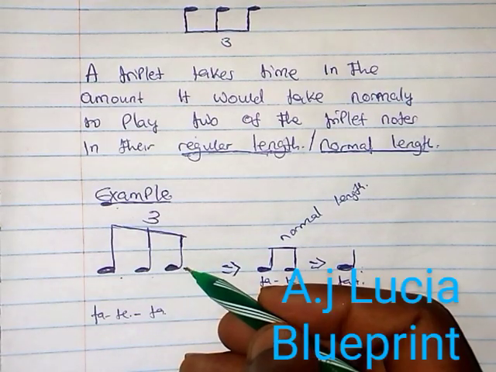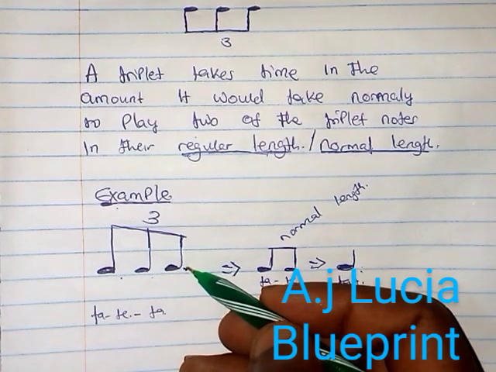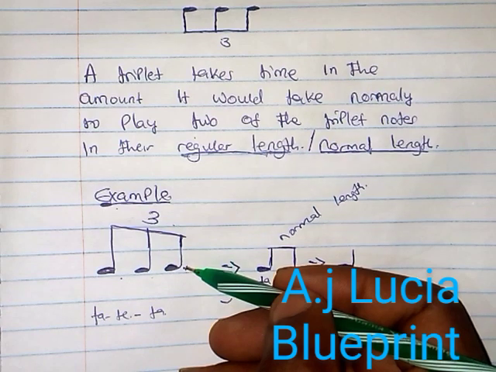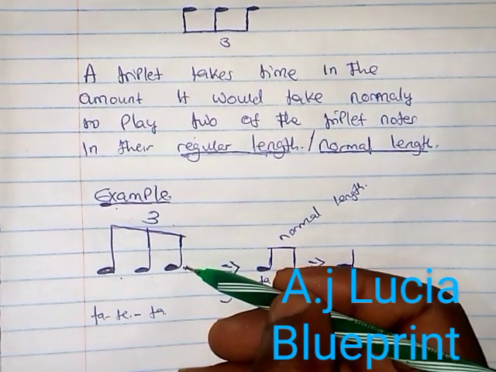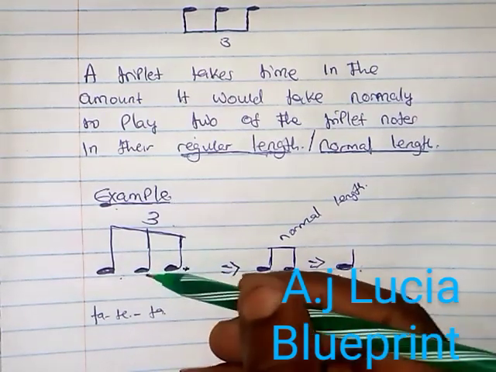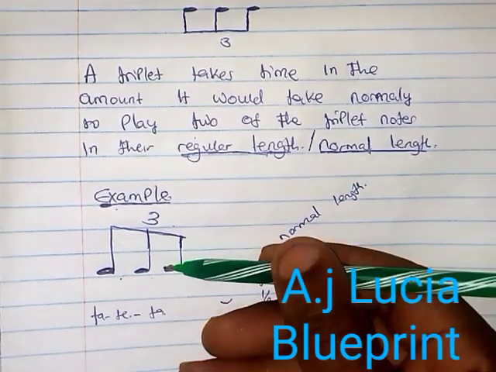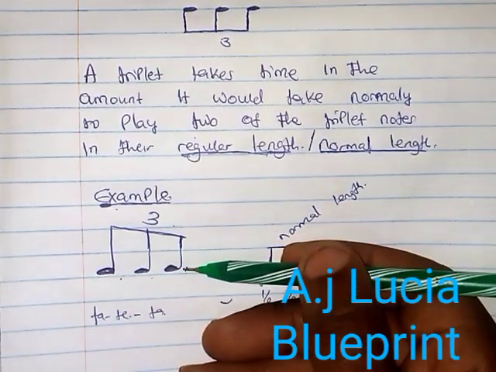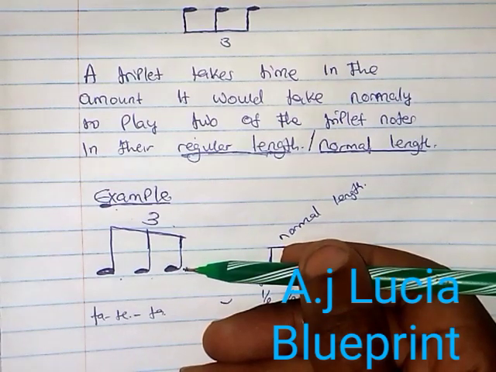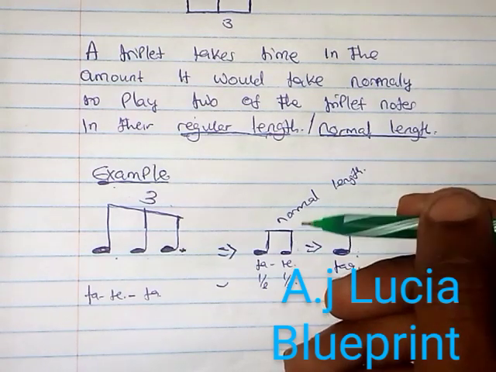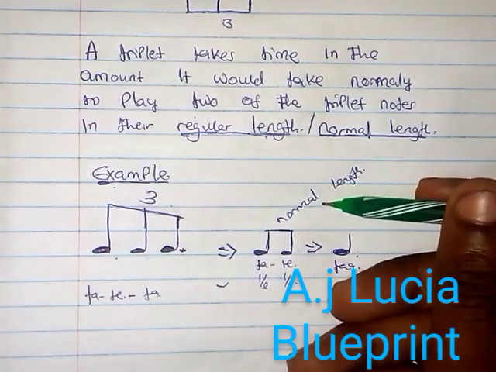Example, we have a group of 3 notes here with figure 3, and we are saying that its value is equivalent to playing 2 notes in the group at their normal length. The group is comprised of 3 quavers, so the length of my triplet will be equivalent to playing 2 quavers at their normal length.